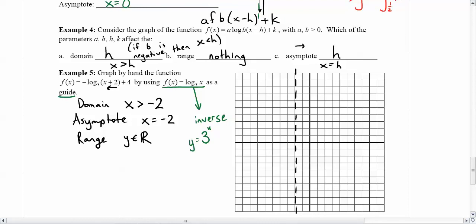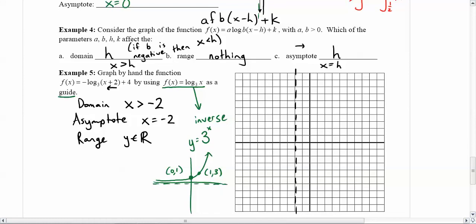If you have a log on one side of an equation, it's the base of an exponent on the other side. 3 to the power of x is a graph that looks like this. It always crosses at 0, 1. And then the next most important point is 1, 3. Those are your 2 important points on an exponential. If you have those 2 points and the asymptote, you're pretty much set.